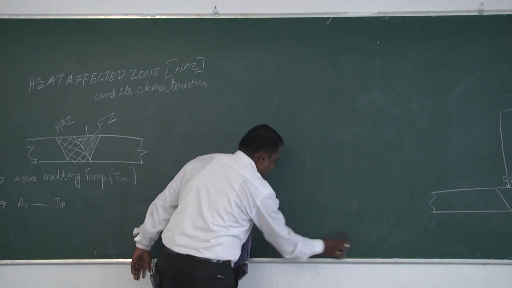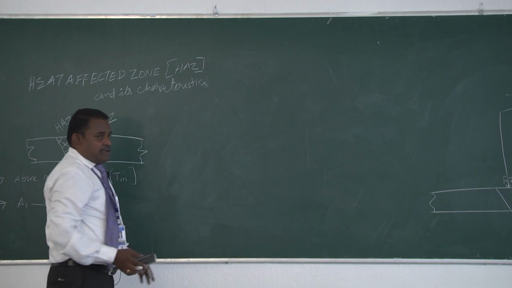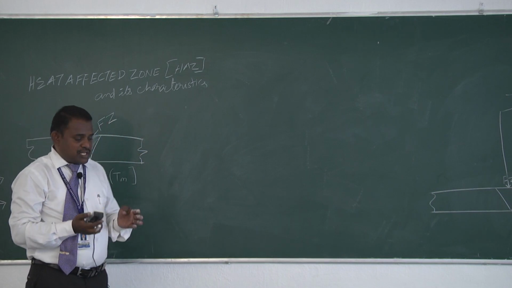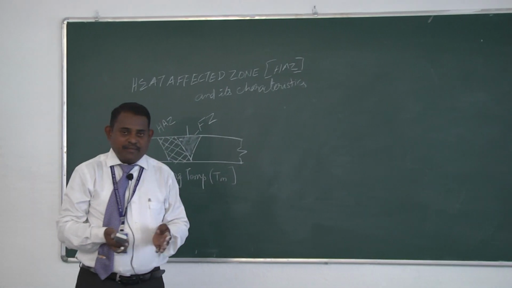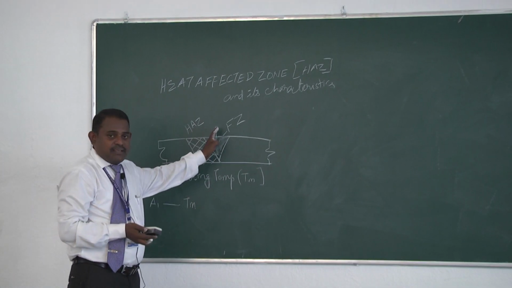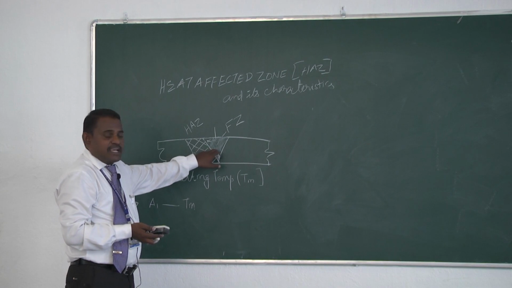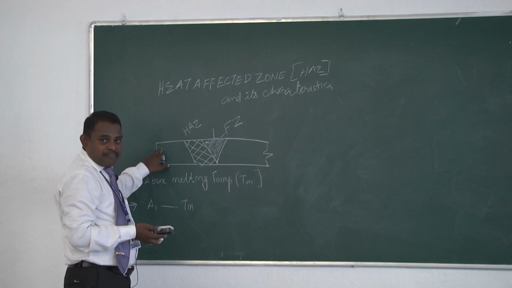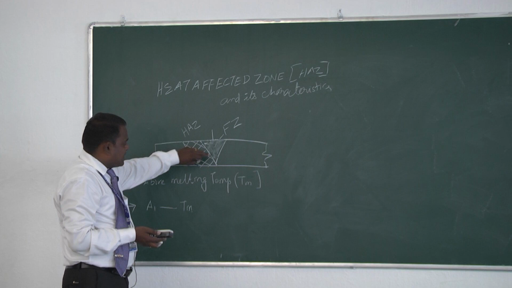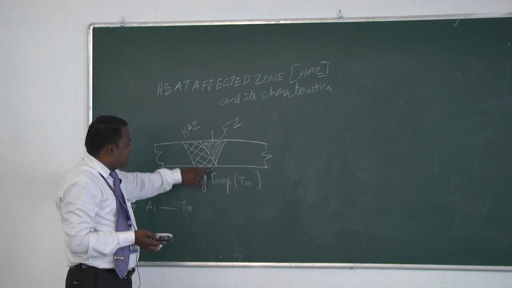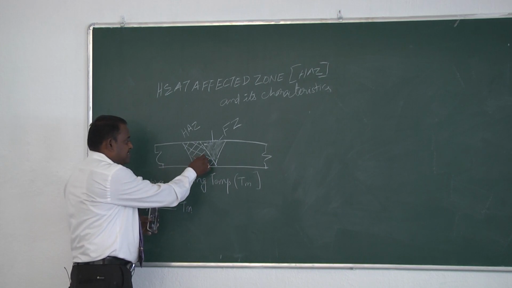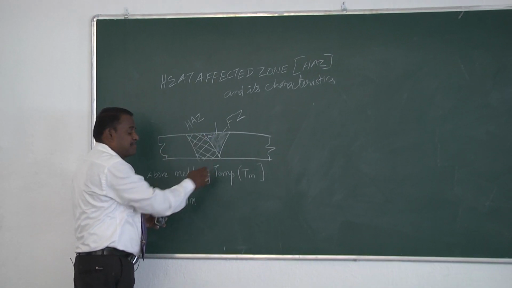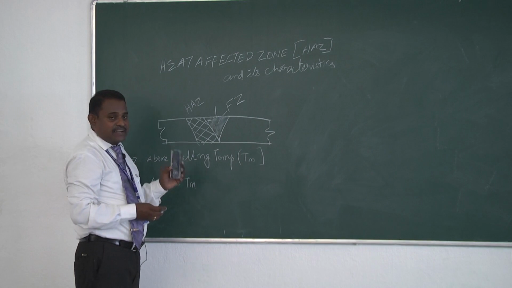So now we have understood that in a weldment there is a small portion of the parent metal which is highly affected by the heat of the welding process, because the amount of heat deposited in the fusion zone has to be transported towards the parent metal. There is no other way. Due to that heat transport, a part of the parent metal is highly affected by the heat. That is the reason this zone of the parent metal is called the heat affected zone.